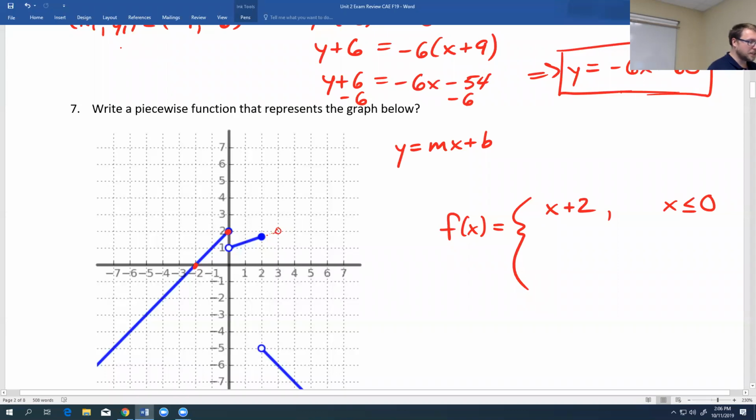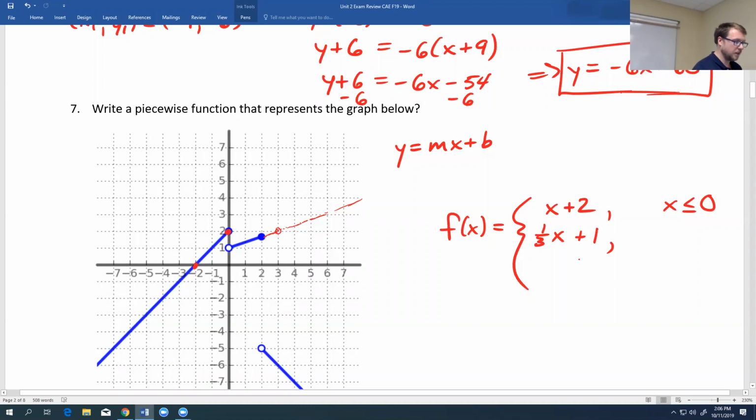The next bit is a little hard to read, but I snuck a look, and this is going up through here like this. If this were to continue on, can anybody pick out what that slope is? I'm going up 1, over 3, good. So 1/3 x, and then what's my y-intercept? 1. Plus 1.